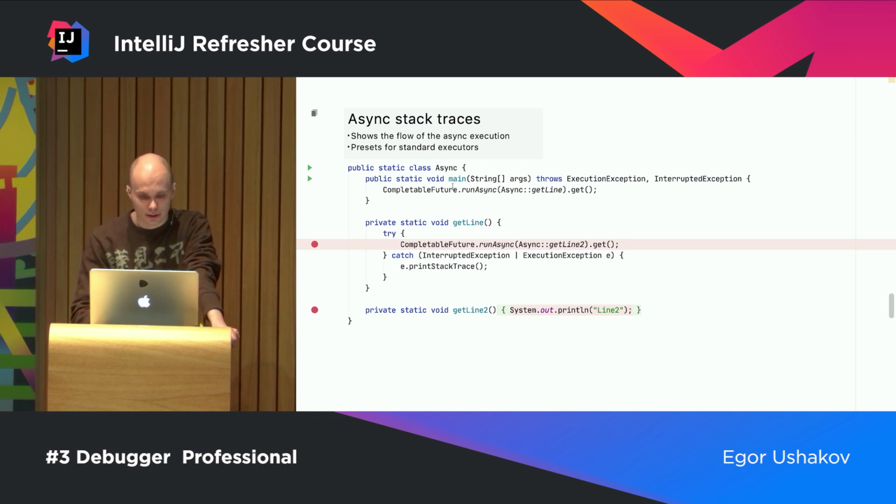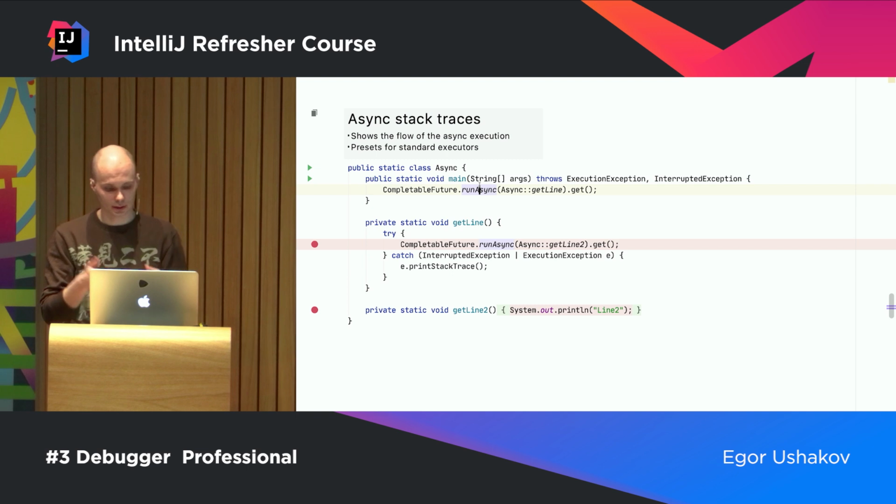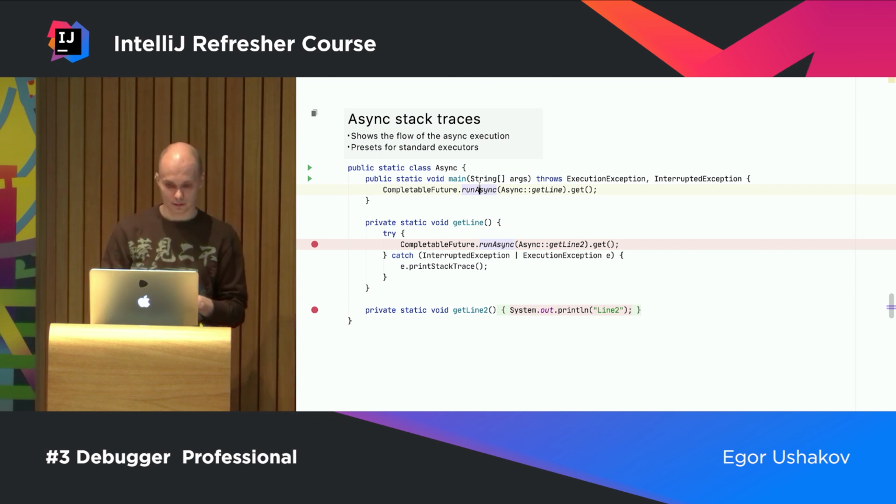So consider this example. We have getLine, which is called inside the runAsync of a CompletableFuture, which basically calls this getLine on a separate thread and then waits for the result.